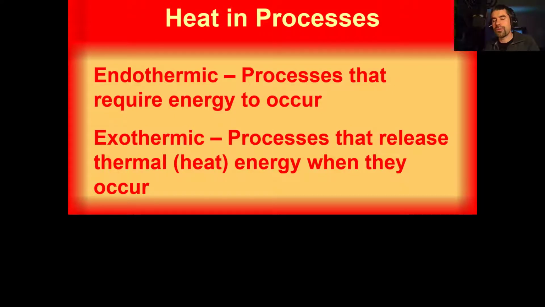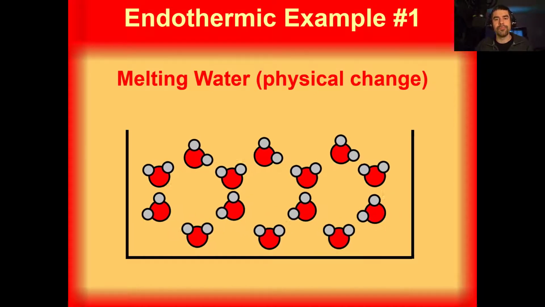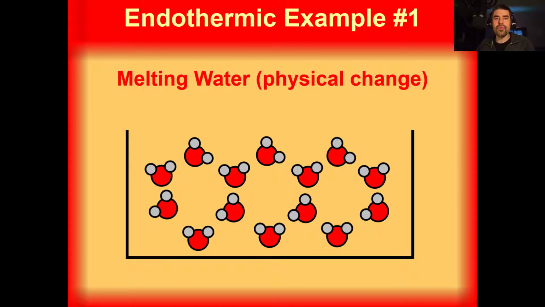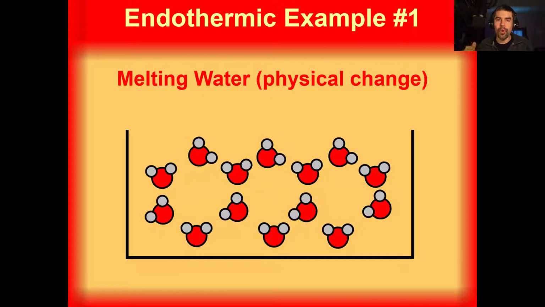And there's another way to think about these as well. Let's look at endothermic processes and exothermic processes, both physical and chemical processes, or physical and chemical changes. So here's an example. Melting water is an endothermic process. Here's some ice.